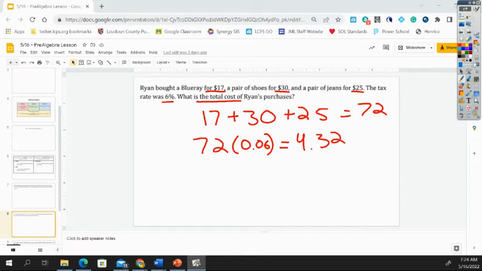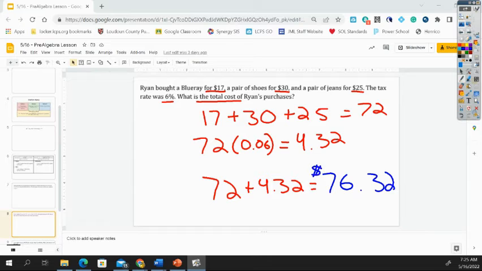We are not finished because we had our original price of $72. Taxes make things more expensive, so we will add our $4.32. And at the very end, when Ryan pays his final price, he's going to end up paying $76.32 because we had to add that tax into it.